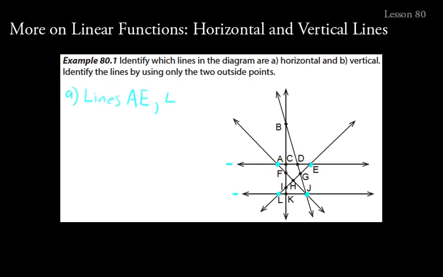So those are the horizontal lines in this diagram, AE and LJ. Then for B, we need to find the vertical lines. Which one or ones are straight up and down? Just this one right here. That's the only one that's straight up and down. So that is B, and the other endpoint there, K, line BK.